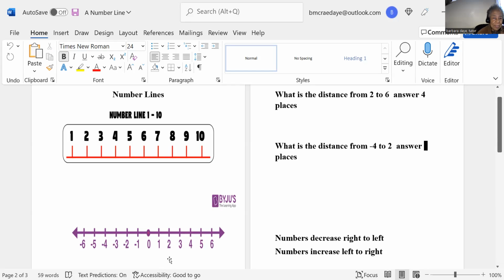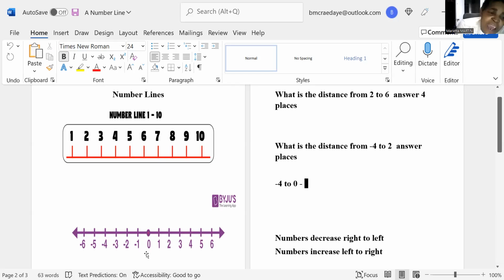No, think of it this way. From -4 to 0 is how many places? -4 to 0. I'm right here at -4, and I'm going to 0 in the middle.